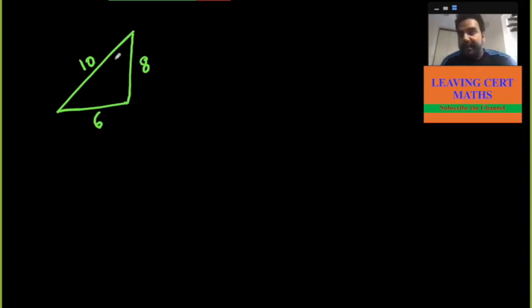Okay, see, Pythagoras theorem is applicable for a right angle triangle, right? So if this triangle satisfies the Pythagoras condition, then it is a right angle triangle.